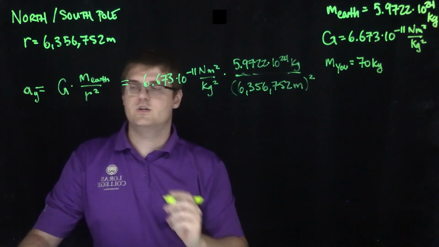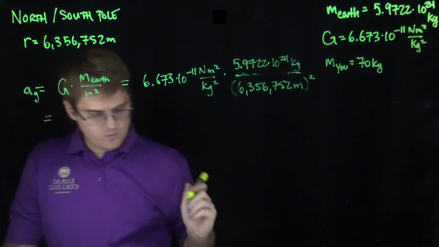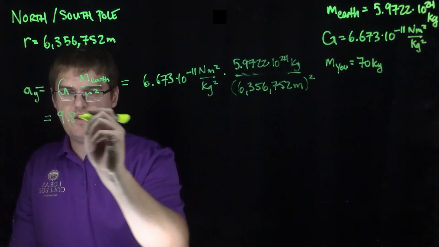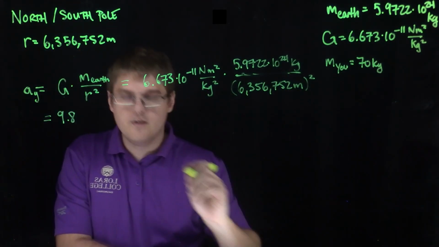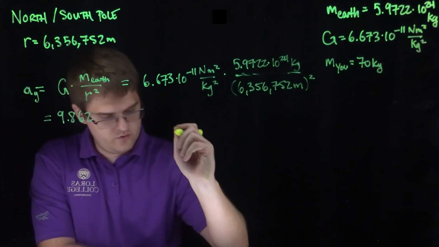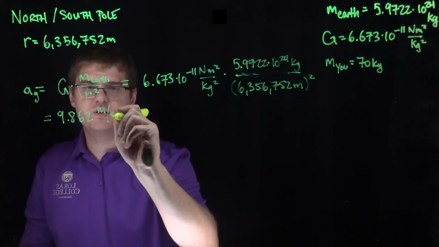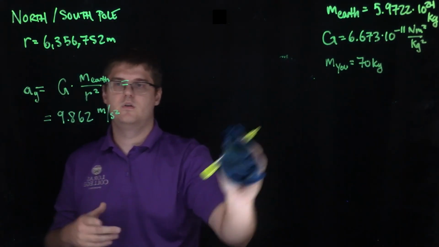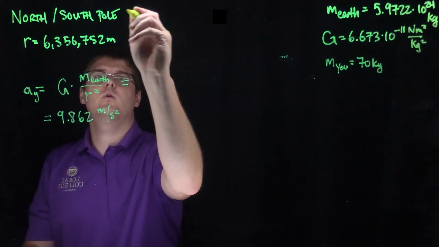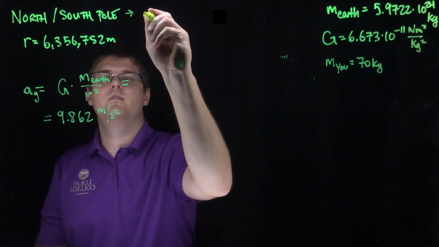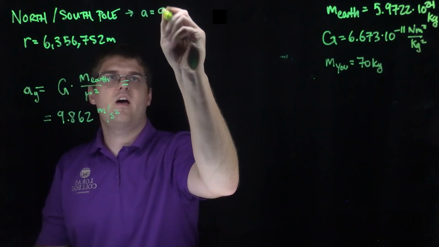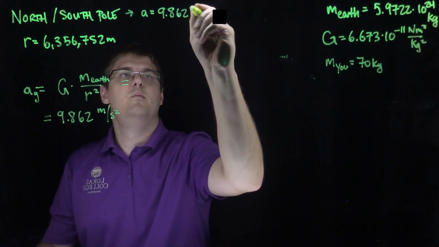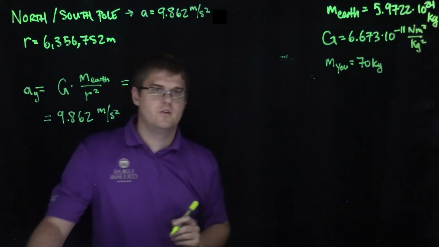And that gives our acceleration of gravity, which comes out to 9.862 meters per second squared. I'm going to erase this just because it's right where my head is. And we can say that the north-south pole acceleration is 9.862 meters per second squared.